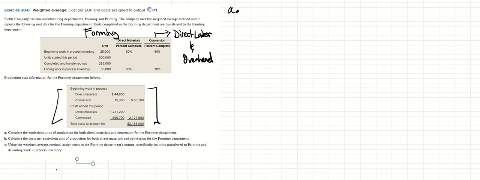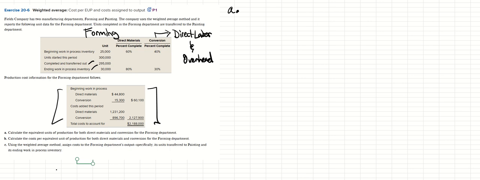First, we need to consider the units that were completed and transferred out from one department into another. The next one is the ending work in process, the ending WIP inventory account. We need to consider that as well. Both sections are coming from the forming department, the first department.